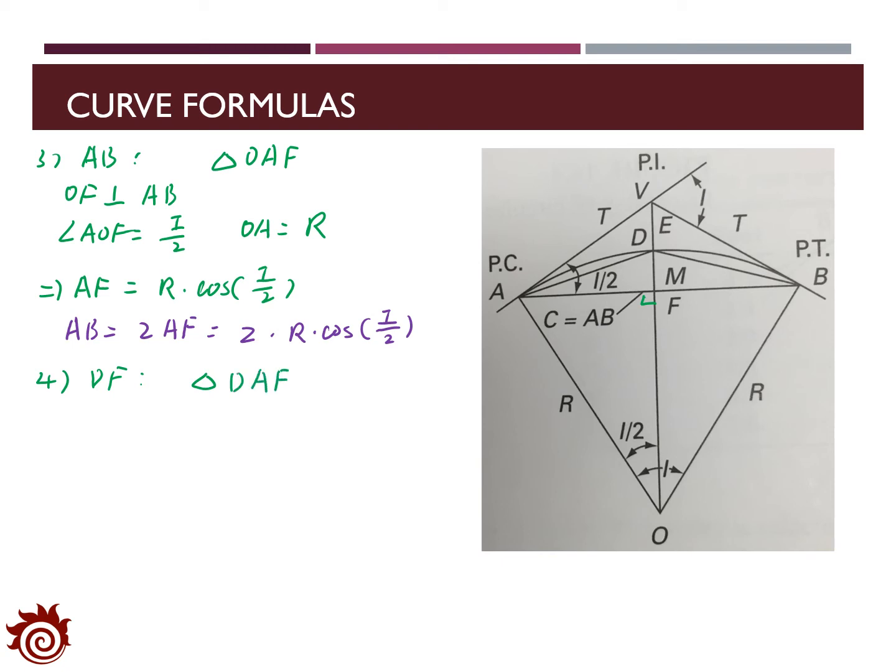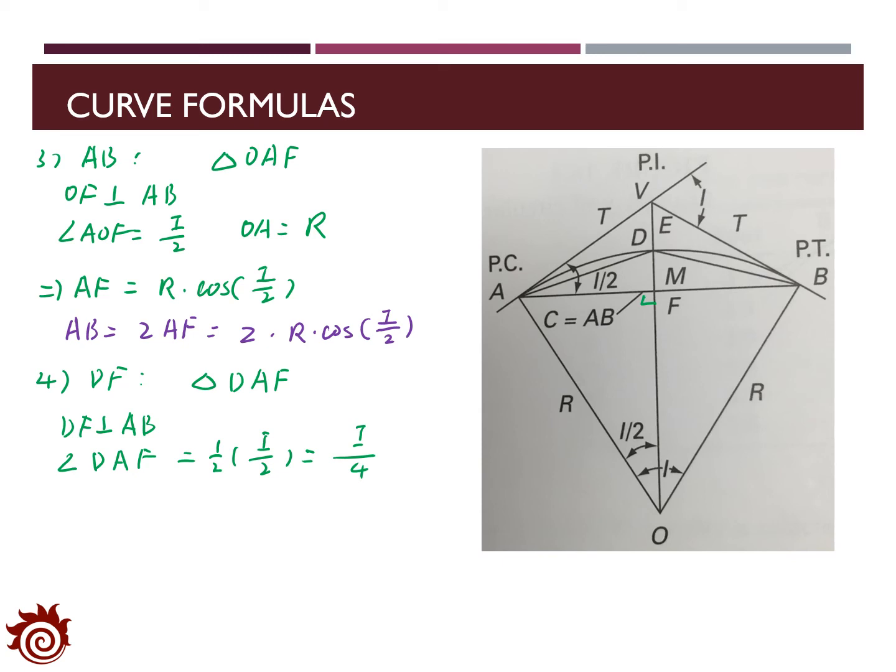As we know that DF is perpendicular to the line AB, and also as D is the midpoint of the curve A to B, we can get the angle DAF as half of half I, that is a quarter I.